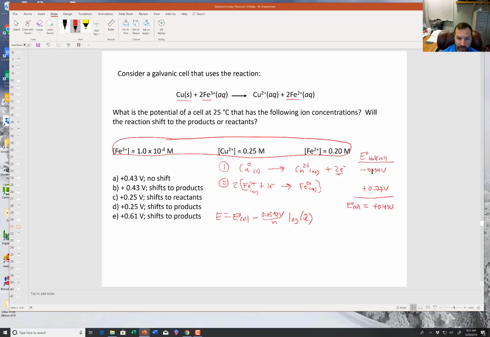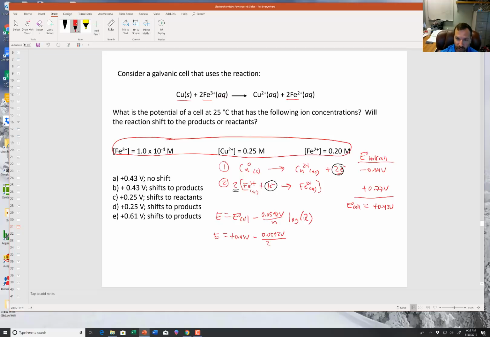Okay, so we know that our E cell is positive 0.43 volts. Our N, our number of moles of electrons, is 2. 2 electrons were exchanged, so we can plug in that.